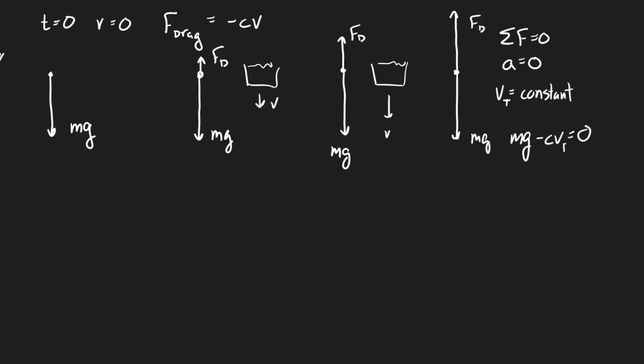So terminal velocity is mg over c. No surprises there. Make the object heavier, goes faster. Make the drag coefficient bigger, goes slower. Right? No surprises? But one thing to keep in mind is that the acceleration was getting smaller all the time until it became 0.